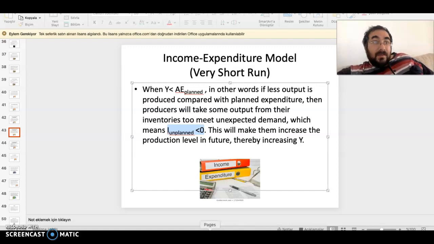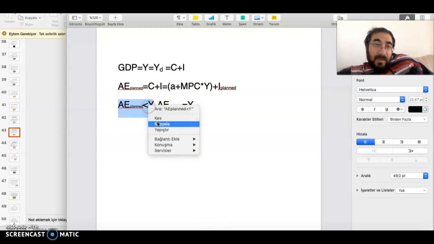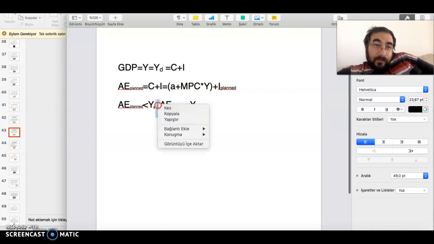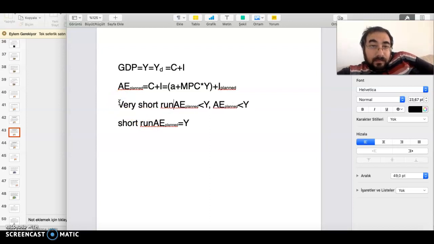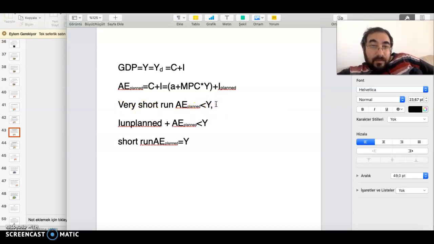Because in the end, this difference is met with, even in the very short run, we have AE planned plus I unplanned equal to the GDP level.